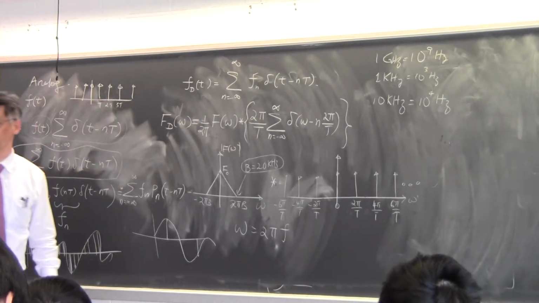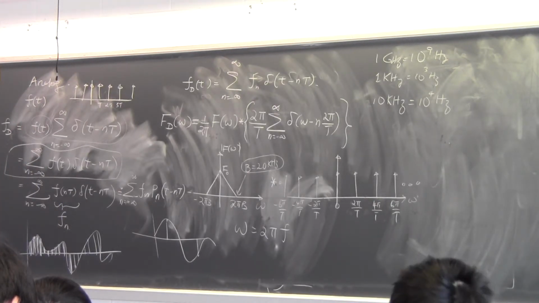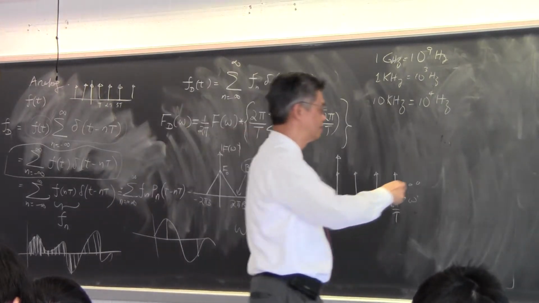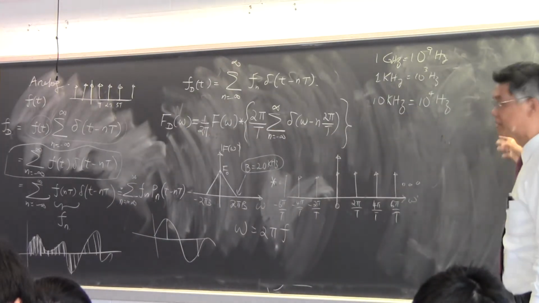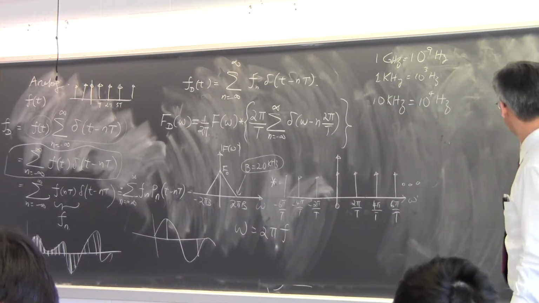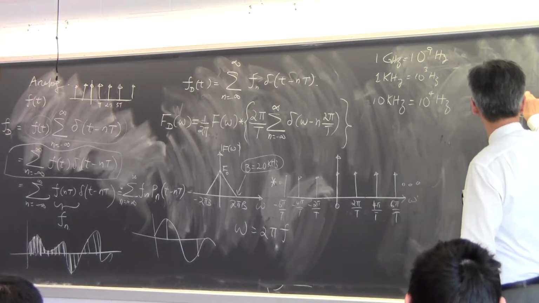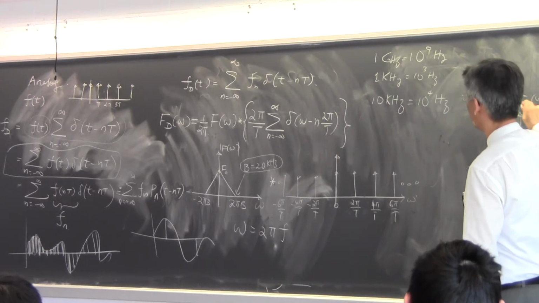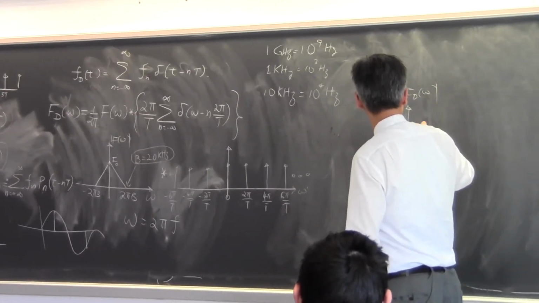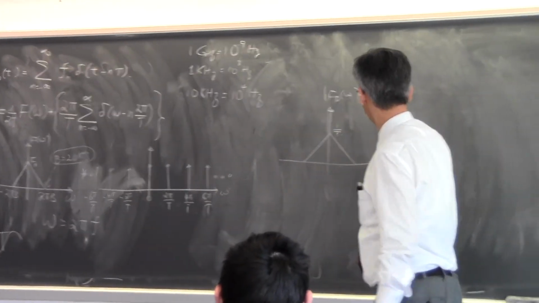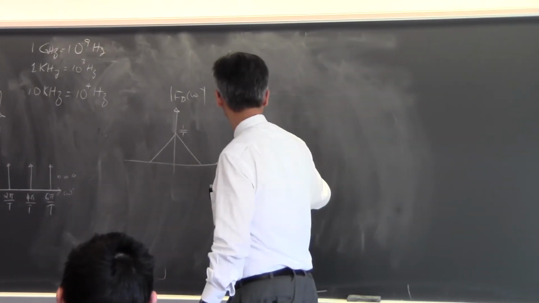I'm missing that factor of 2 pi over there. So that thing that I plotted just now should just have 1 over T rather than 2 pi over T, because the 2 pi cancels. So this triangle is over here. F of d of omega should just be 1 over T in height. And then they have repetition.